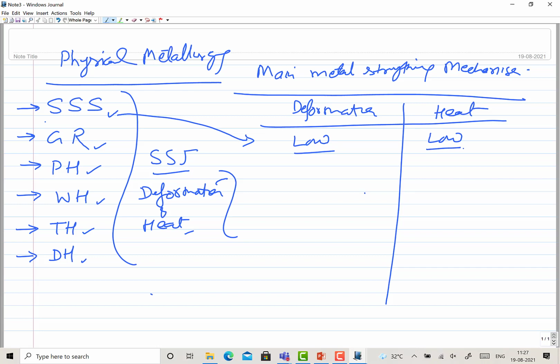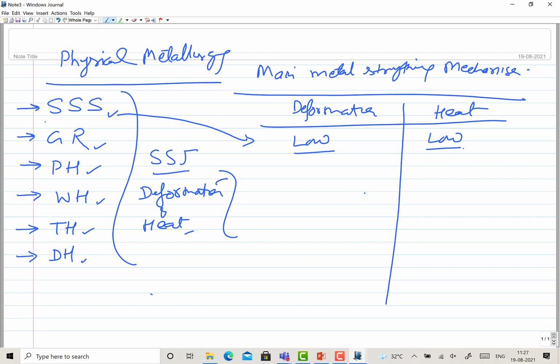The alloying elements are present either as an interstitial or substitutional solid solution, and their presence is not going to be much affected by the application of heat or deformation. So the effect of the deformation or heat applied during solid state joining processes on solid solution strengthened metals will be very marginal, very limited.